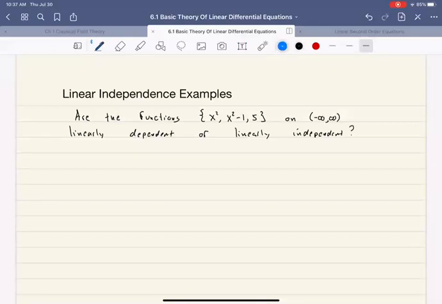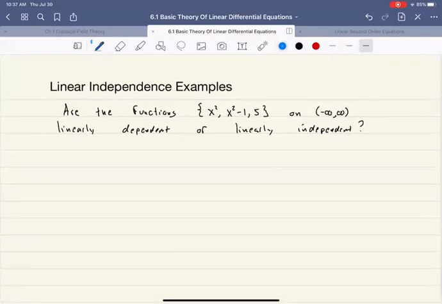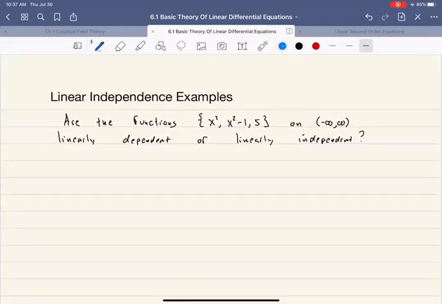Okay, and these maybe you can sort of guess, but these are going to be linearly dependent actually. So let's go ahead and consider c1 x squared plus c2 times (x squared minus 1) plus c3 times 5 equals 0.